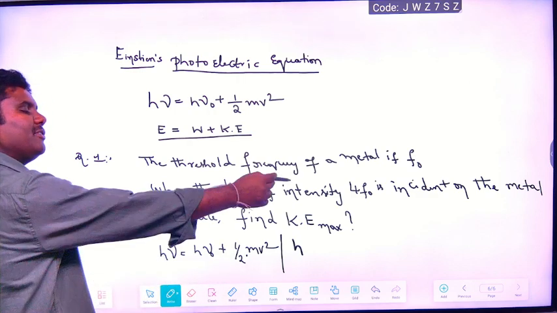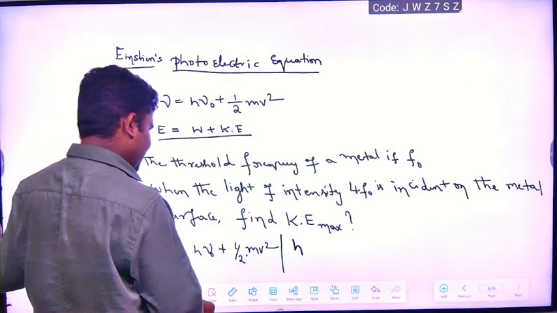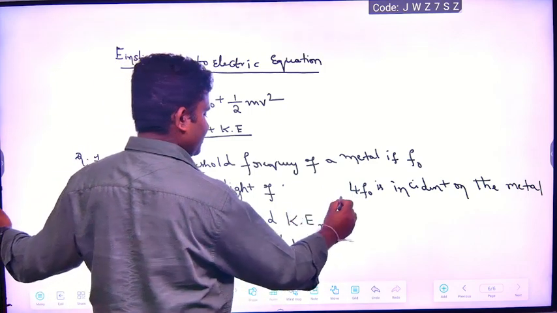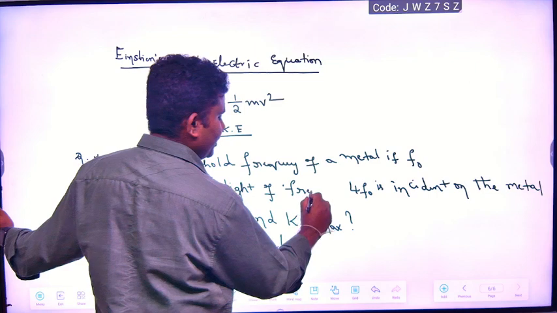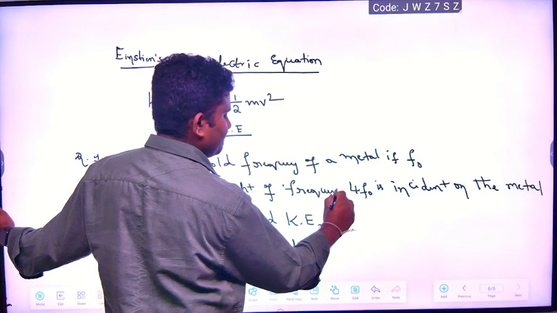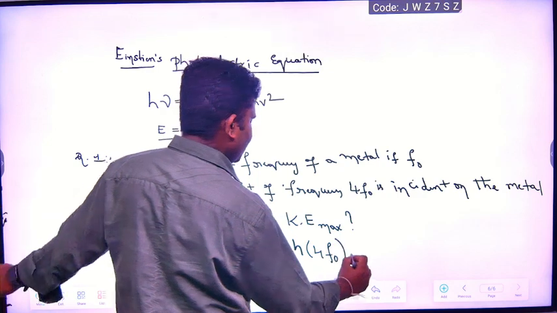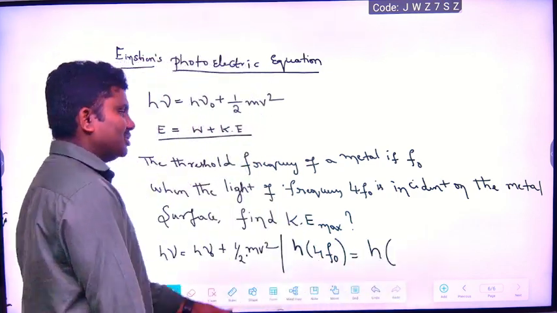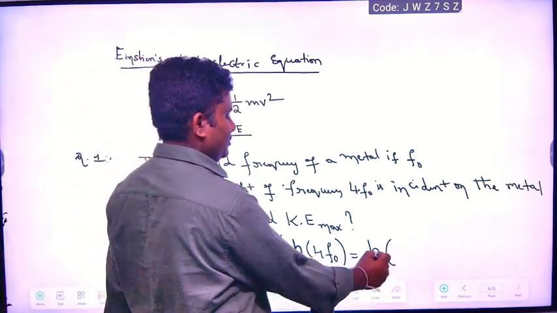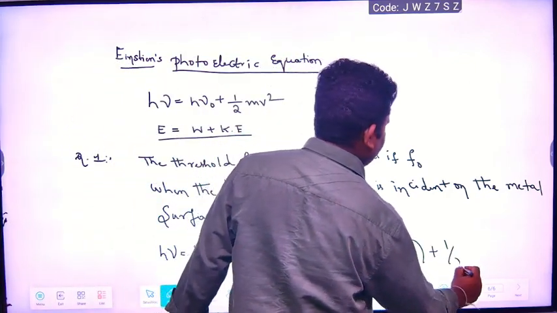Here it is not intensity, it is frequency. 4f naught. Correct, right? 4f naught. h nu naught: threshold frequency is how much? f naught. Plus half m v square.